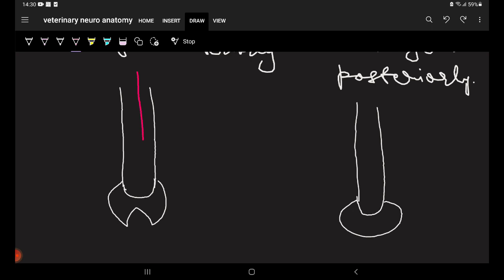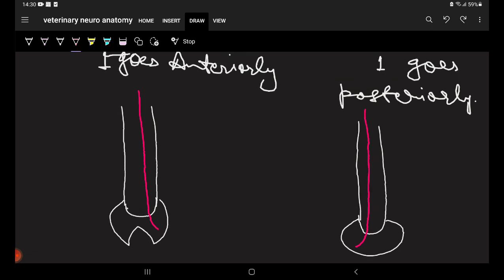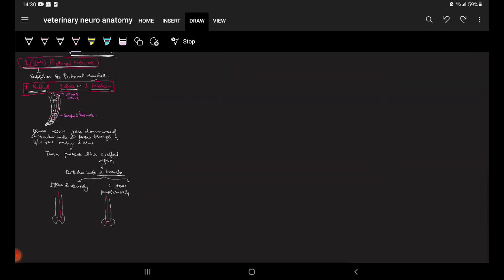The ulnar nerve detached into two branches, so one went anteriorly and the other posteriorly. Okay. So this is the path of the ulnar nerve. We have discussed the ulnar nerve.